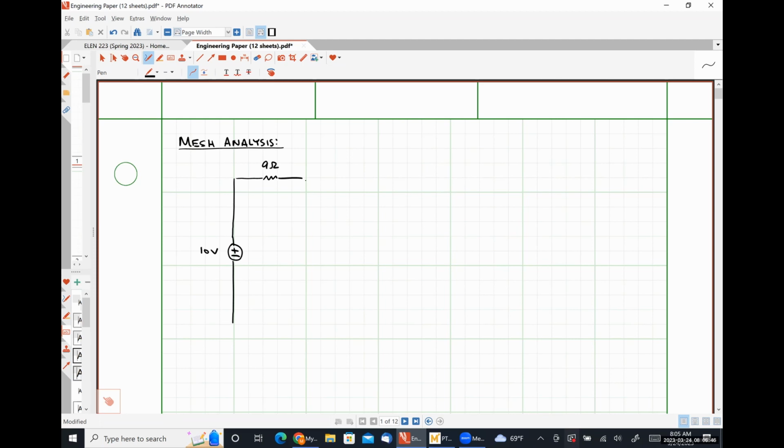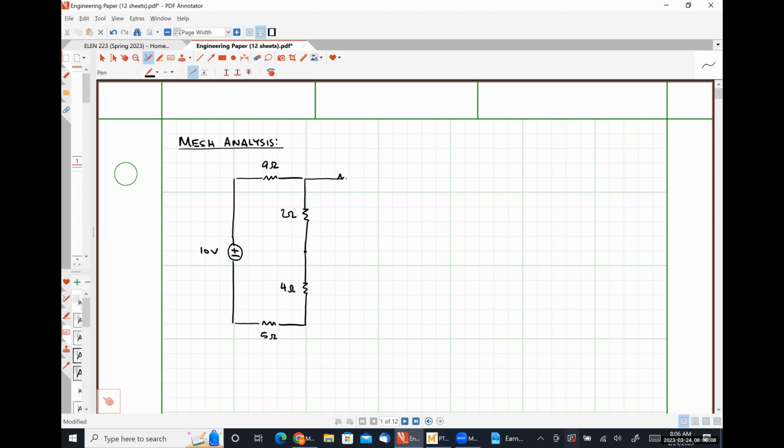A 9-ohm resistance here. 2 ohms here. 4 ohms here. 5-ohm resistance down here.